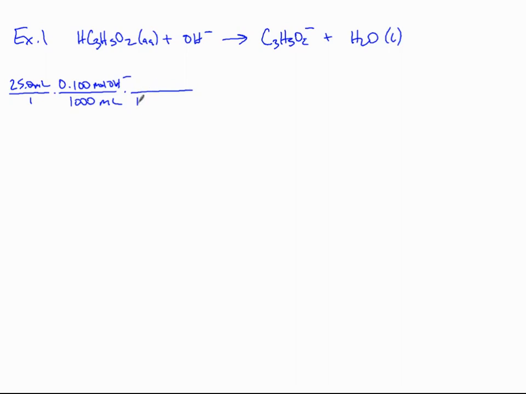And then we know the mole ratio. It's 1 mole of hydroxide for 1 mole of propanoic acid. And so this tells us how many moles of propanoic acid are going to be used in the reaction.